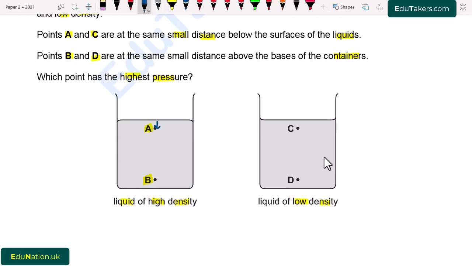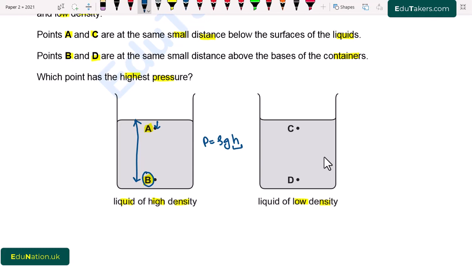But for point B, the distance is large. And the pressure is P = ρgh. Here h actually represents the distance. So pressure will be larger when the distance is greater. So here B option is correct.